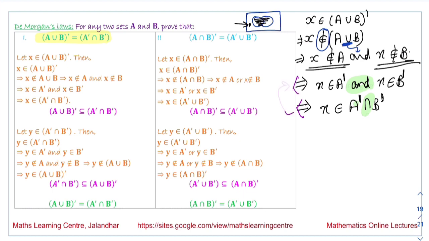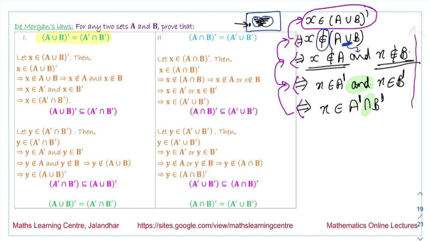It means X does not belong to A and X does not belong to B. From this we can write X does not belong to A union B, and this gives us X belongs to (A union B) complement.